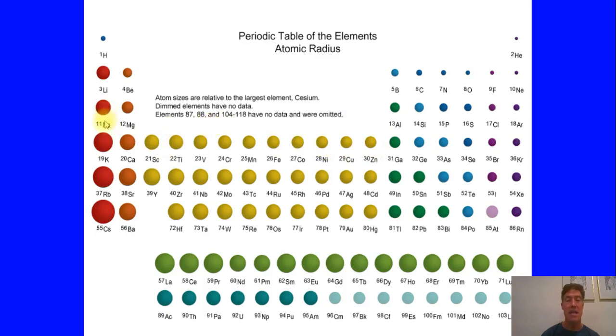But as you can see, it's an absolutely regular pattern. They start out big and they get progressively smaller as we keep adding protons, which increases the effective nuclear charge, which pulls all the electrons, even though we're adding more and more together. And even though they have mutual repulsion between themselves, they're still being pulled tighter and tighter together because of increasing nuclear charge as we stay within the same shell.